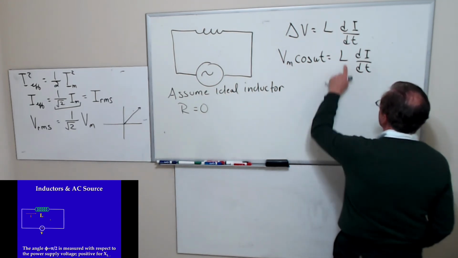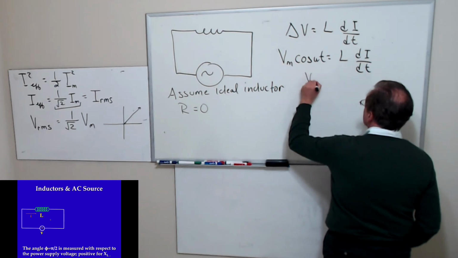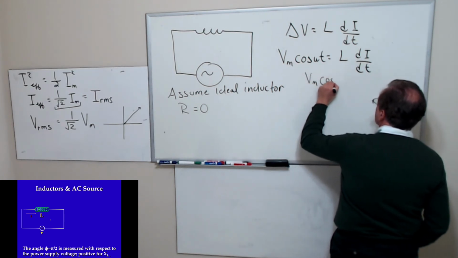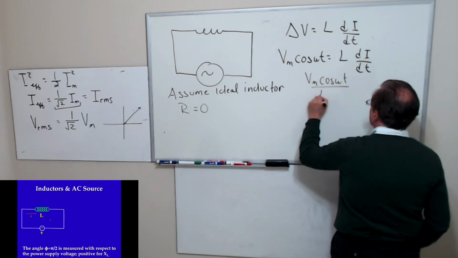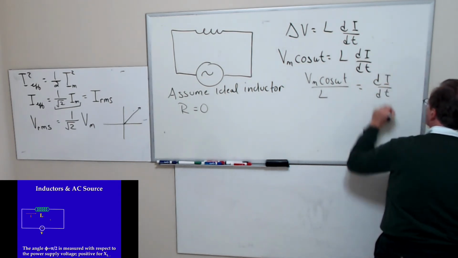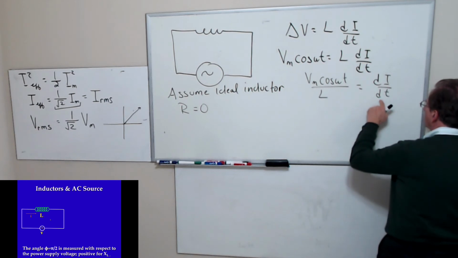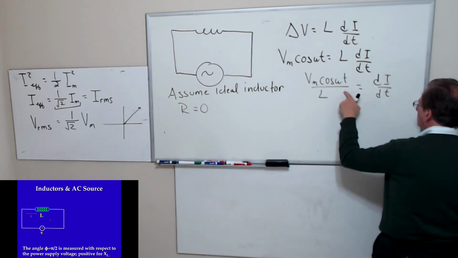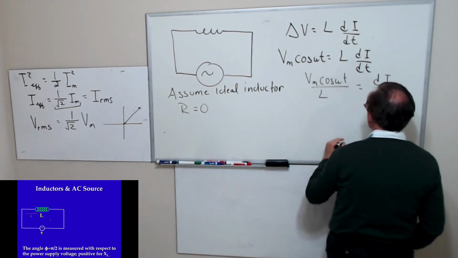And let's see, I can divide both sides by L, and then multiply both sides by dt.